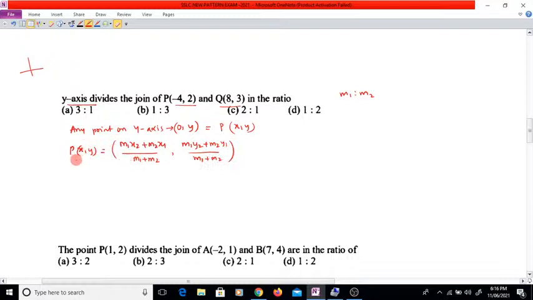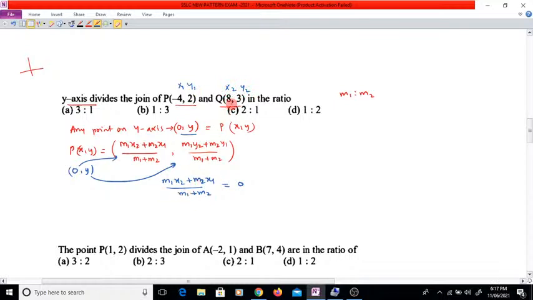The point P(x, y) is given as 0 comma y, so 0 is equal to the first term and y is equal to this term. So now equating, m1 x2 plus m2 x1 divided by m1 plus m2 equals 0. So what is x2? This is point x1 y1, this is x2 y2. What is x2?